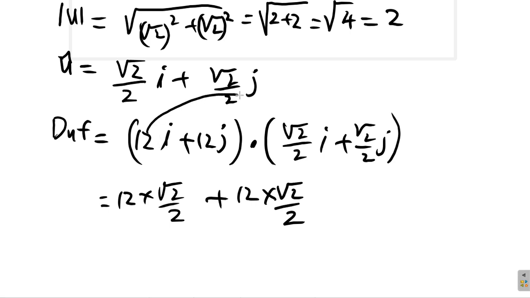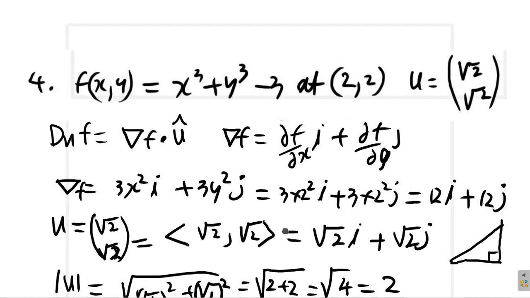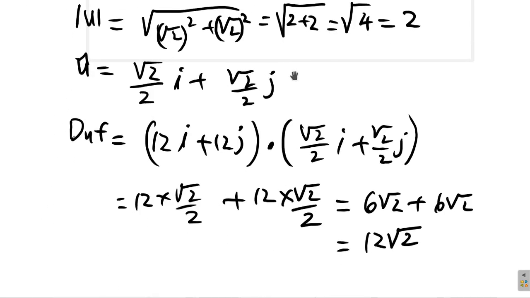That's just what happened. So 12 over 2 is 6, 6 square root of 2 plus 6 square root of 2. So it is 6 and 6, 12, 12 square root of 2. Alright, so in that case, that is the directional derivative of this function.